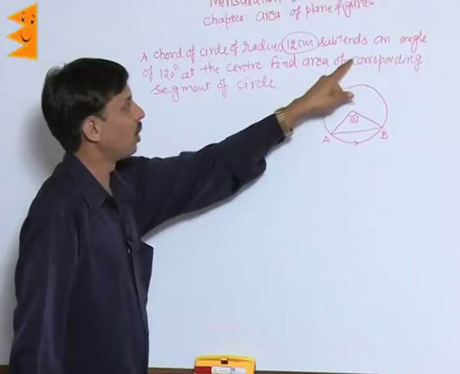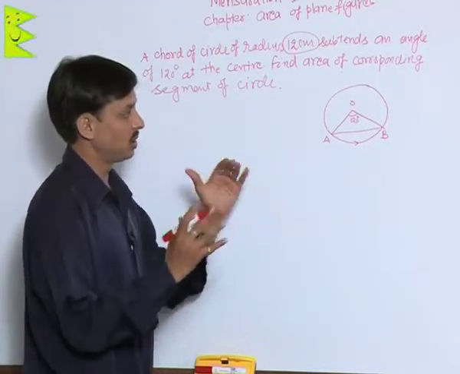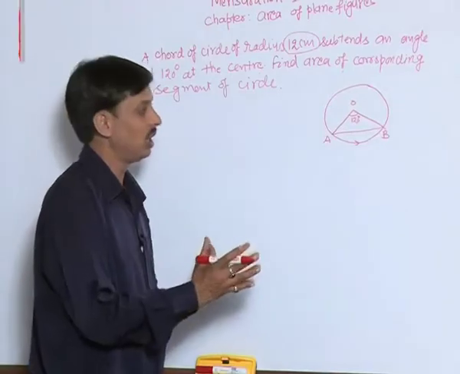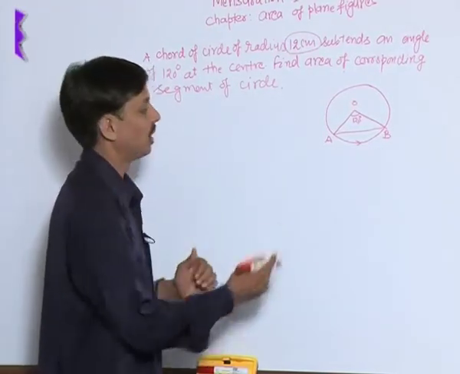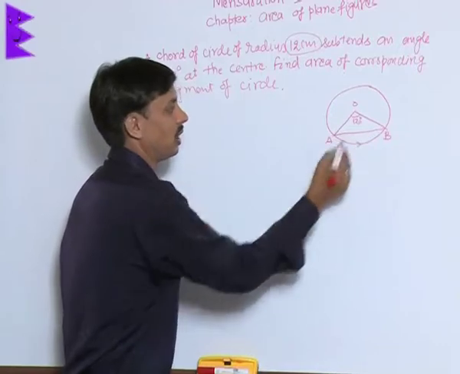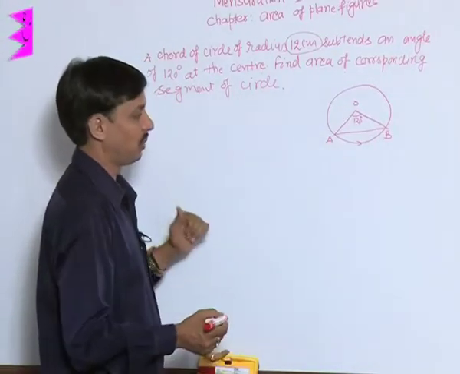Find the area of the corresponding segment. I have told you a segment is a part of a circle enclosed between the chord and the corresponding arc. Chord is AB, subtending an angle of 120 degree as per the question.